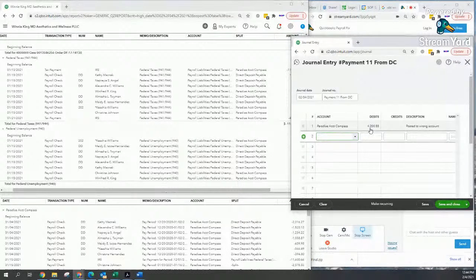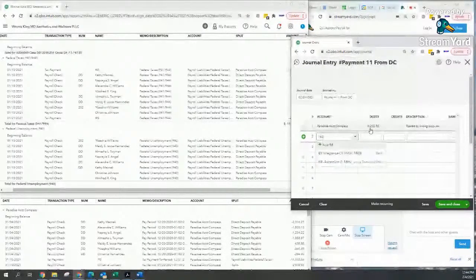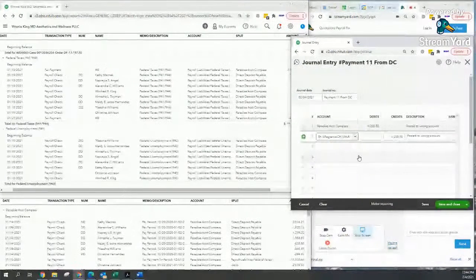Let's break it down a little bit different. When the money came out of the checking account, it said, hey, make a credit. When it comes out of the checking account, I need to put the money back into Paradise because it never came out of that checking account. It did, however, come out of 1608. And so now this entry will match to the money coming out of the IRS transaction.